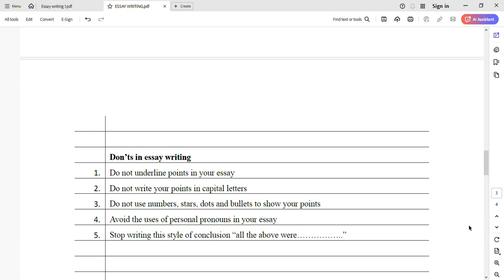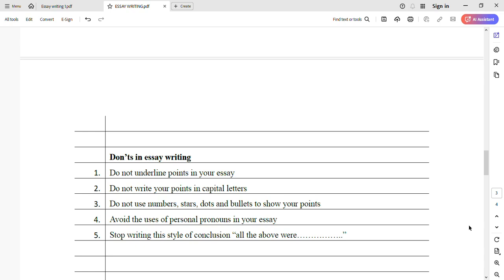Not necessarily to use those dashes. Avoid the use of personal pronouns, as I said at the beginning. In your essay, you are not the owner of the concept you are explaining above. So I and am are not allowed.